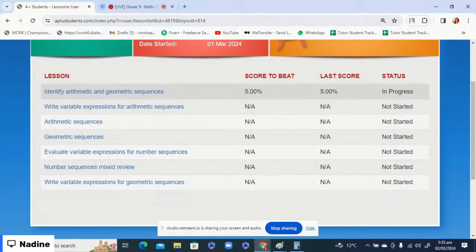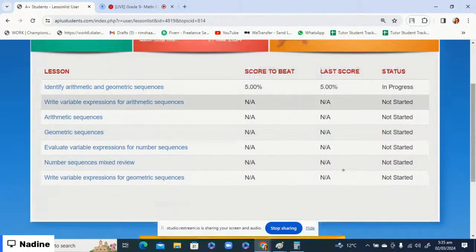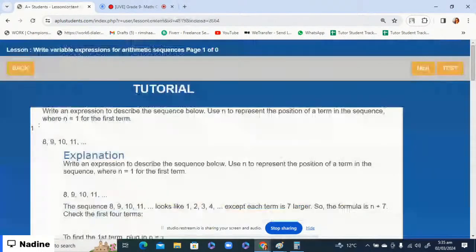Okay, now let's do the next. Write a variable expression for an arithmetic sequence. Write a variable expression to describe the sequence below. Use n to represent the position of a term in the sequence, where n equals 1 for the first term.